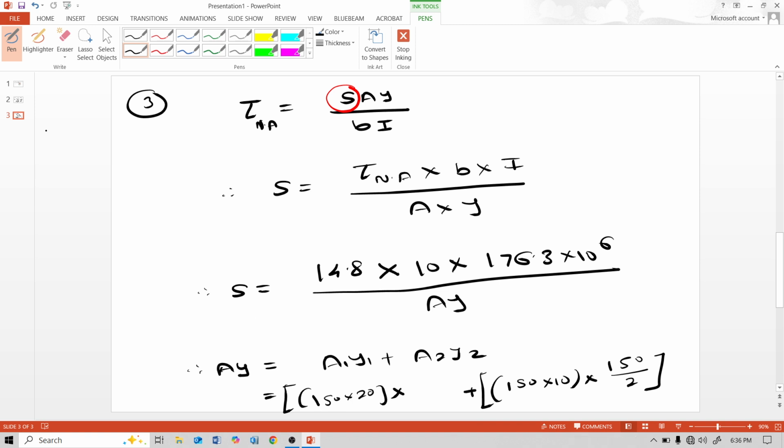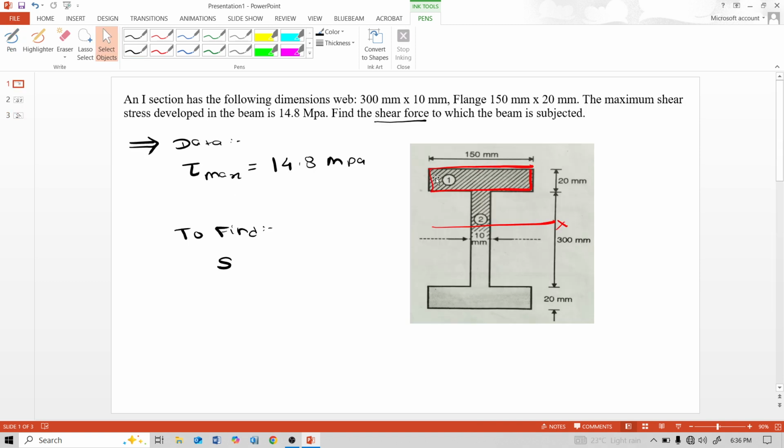And this y1 is the distance of the centroid of the flange portion from the original x axis.